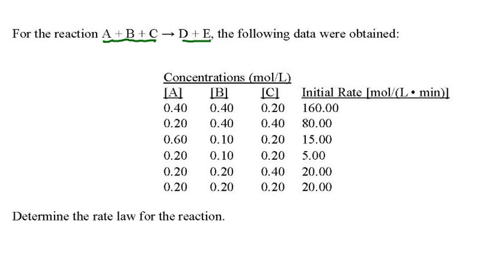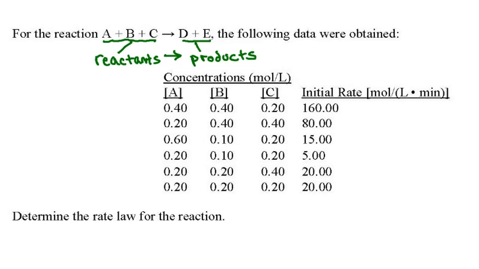It would be the flour and the sugar and the eggs and whatever you put in it. And then the finished product would be the cake. So this A plus B plus C, these are all going to be the reactants because they yield D plus E, which are the products.